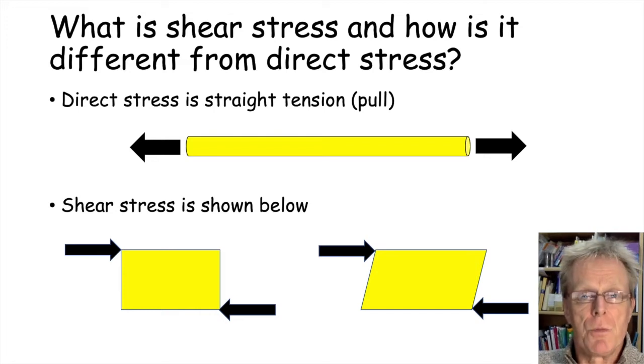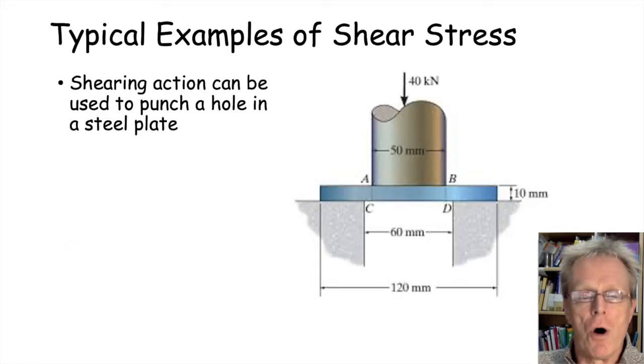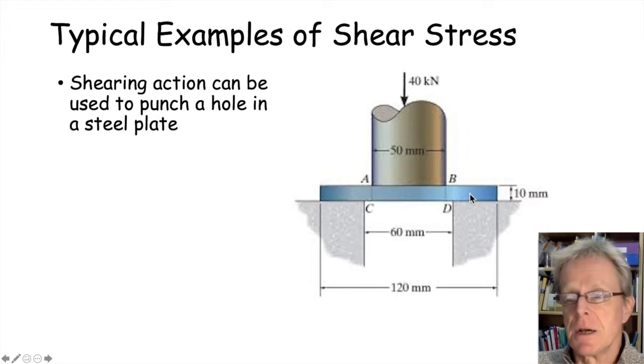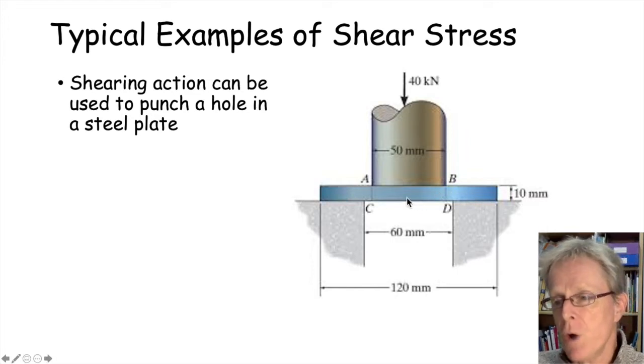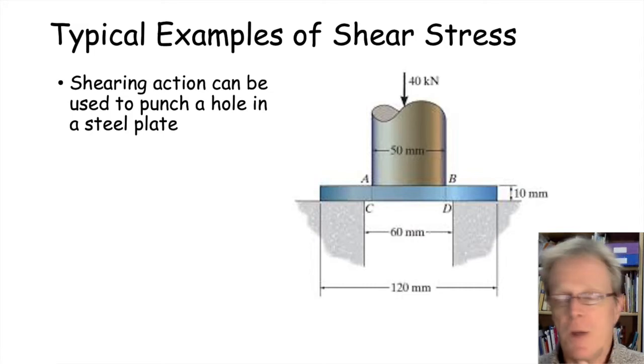I've got some examples of shear stress in real life. First of all, a good example of where shear stress is used is to calculate the force required to punch through, for example, a sheet of steel. You've got a punch here coming down on a piece of steel over a die to punch a round hole in it, like for example in a washer.